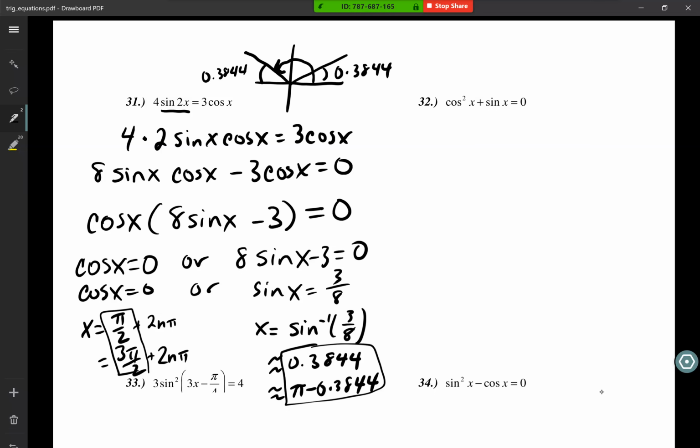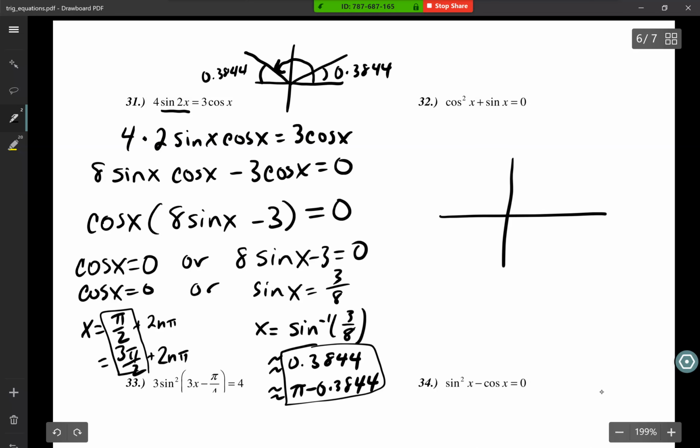Could you tell us again why you know it's pi minus that? Sure. So the inverse sine function gave us this, the 0.3844 here. That was in quadrant 1, because remember again, the inverse sine only gives me an angle in quadrant 1 or quadrant 4, and since it's positive, it's going to give me the quadrant 1 angle.